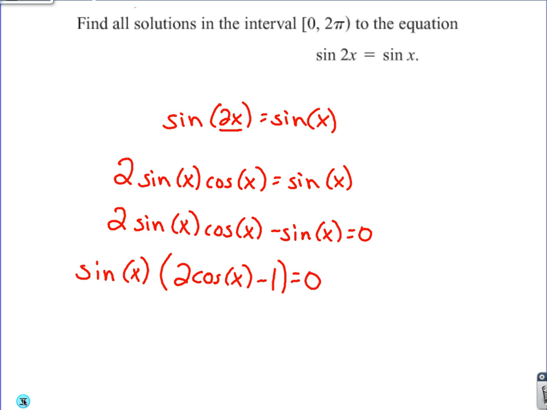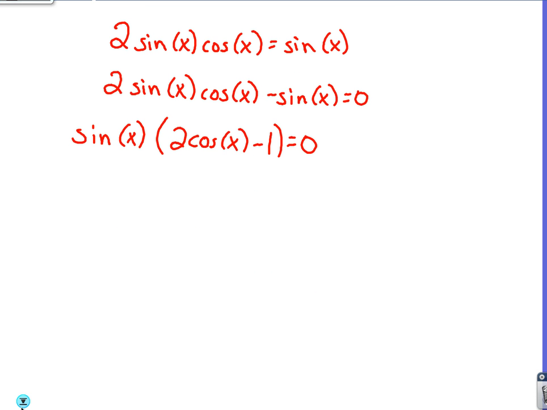Now, let's relate this problem to a different type of problem. Very similar. Very simple. If two things multiply to give you 0, one of them's got to be 0.